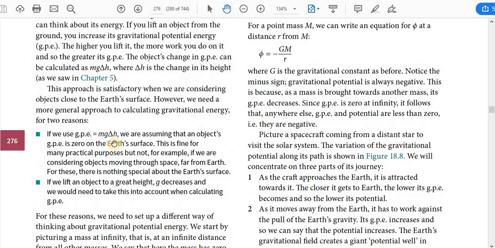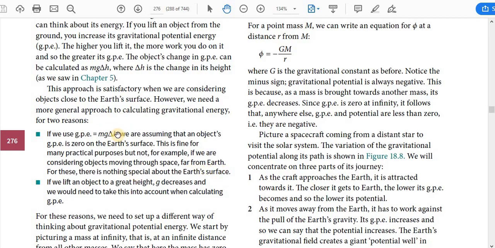At the surface of the earth the height is 0, so from that reference level we consider the gravitational potential energy increasing as you move away from the surface of the earth. This is fine for many practical purposes, but not, for example, if we are considering objects moving through space far from earth. So this is the important thing.